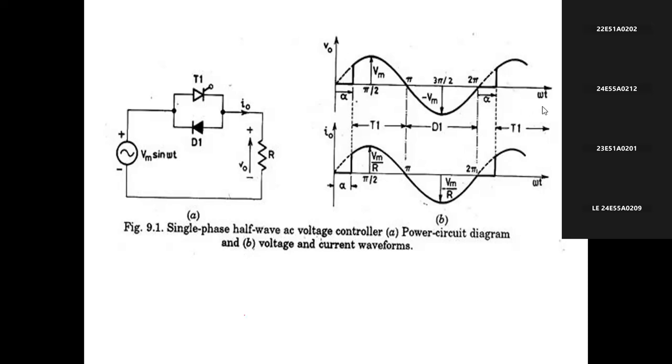Roll number 202, unmute your mic and explain the half wave AC voltage controller.